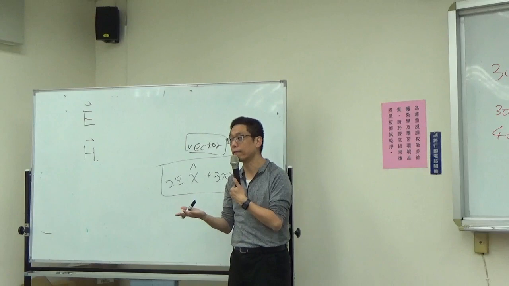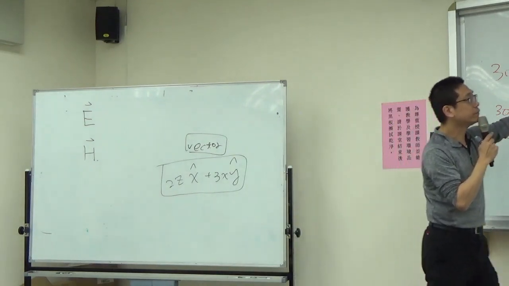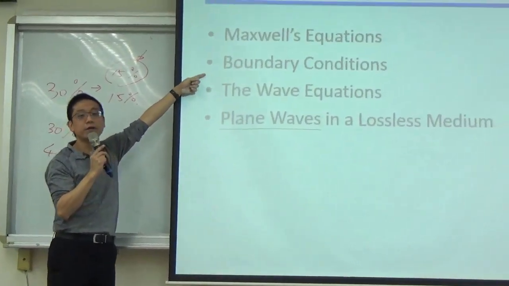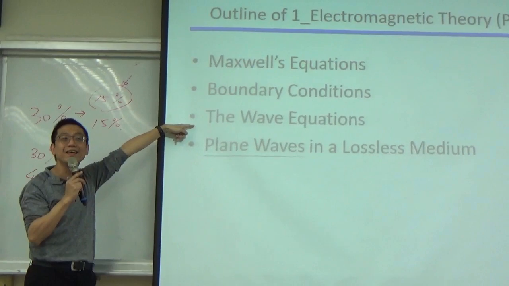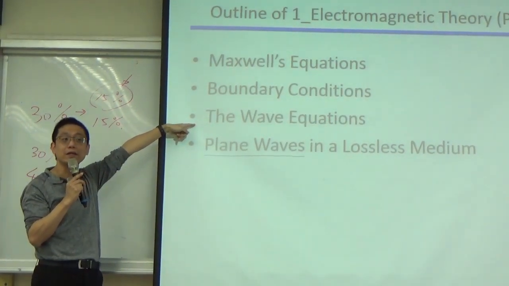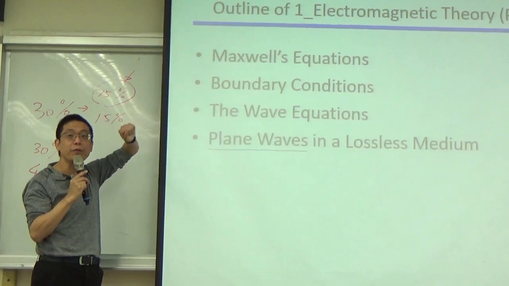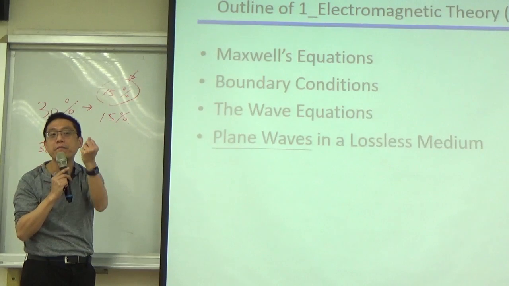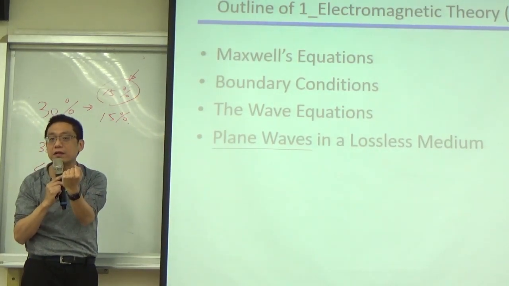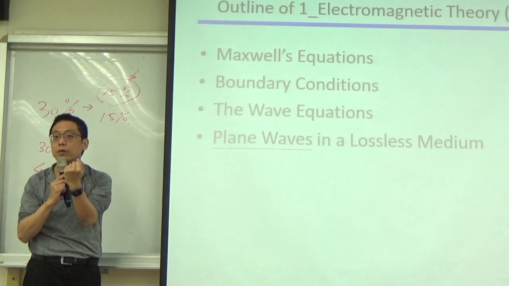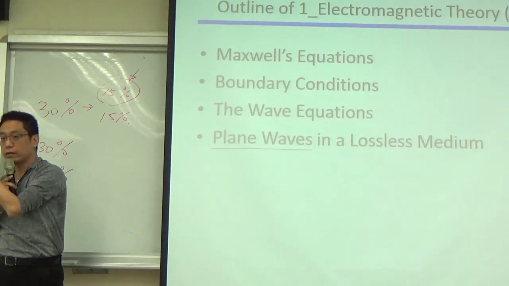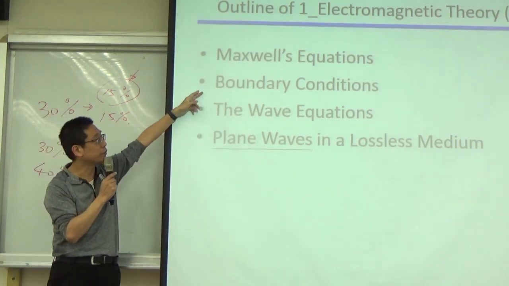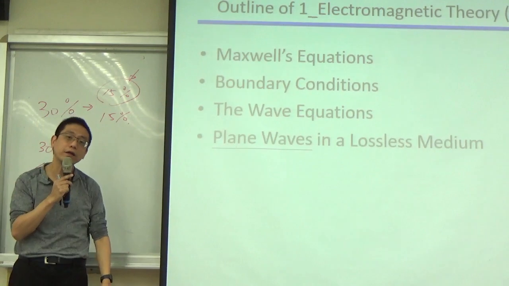How do we know? This is the third part we will explain after boundary conditions, okay? What is E and what is H? What does it look like? Of course, we will need to simplify the conditions to have a very concrete and basic form to describe E and H. This is what we are going to do today after we introduce boundary conditions, okay?